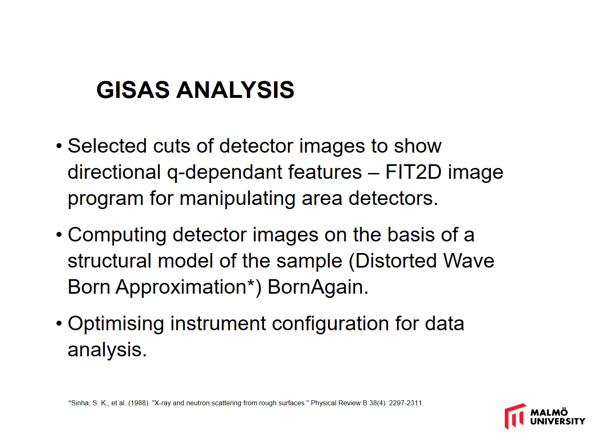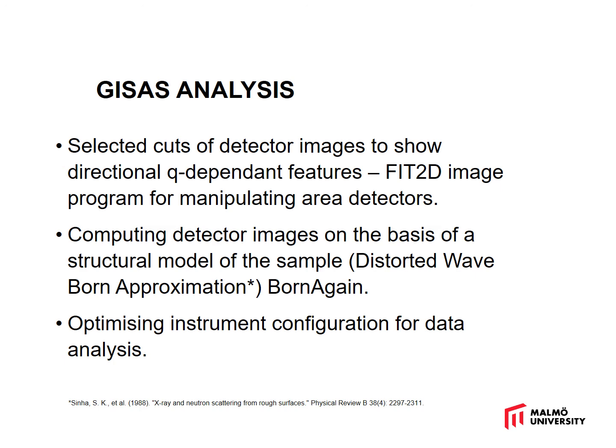In terms of the analysis that we're going to be using, we'll use different cuts of the detector, strips along the detector, to show different directional Q-dependent features. And in this case, we'll specifically have a lecture on using the Fit2D image manipulating program to extract those cuts, and we'll explain what I actually mean by cuts.